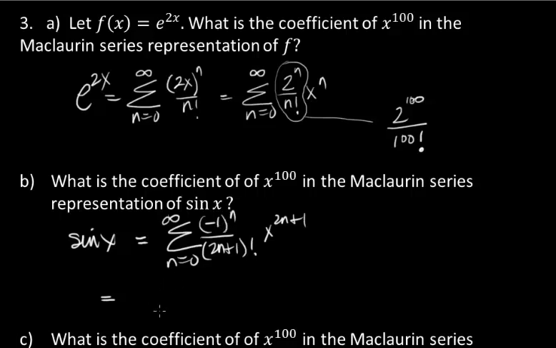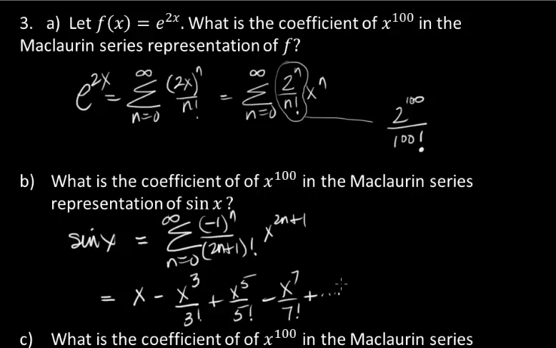When n was equal to 0, you have x, and then minus x cubed over 3 factorial, plus x to the 5th over 5 factorial, minus x to the 7th over 7 factorial, plus, well, what is the coefficient of x squared here?